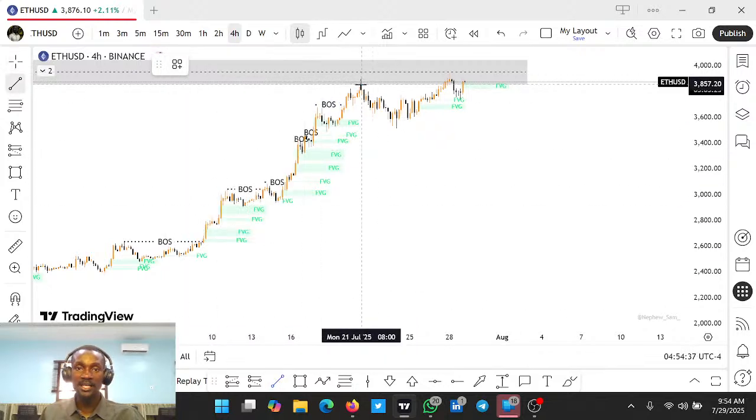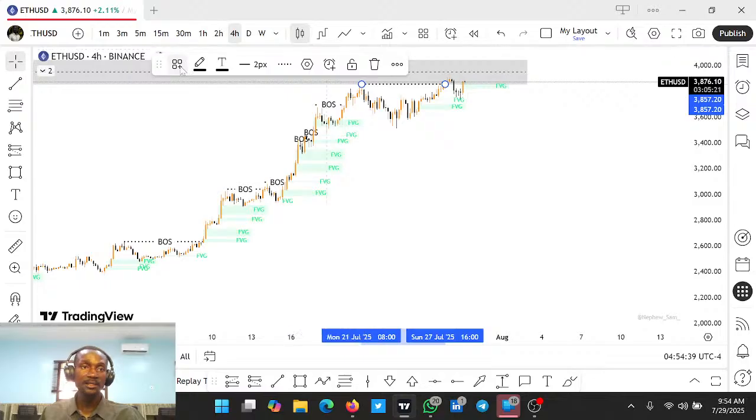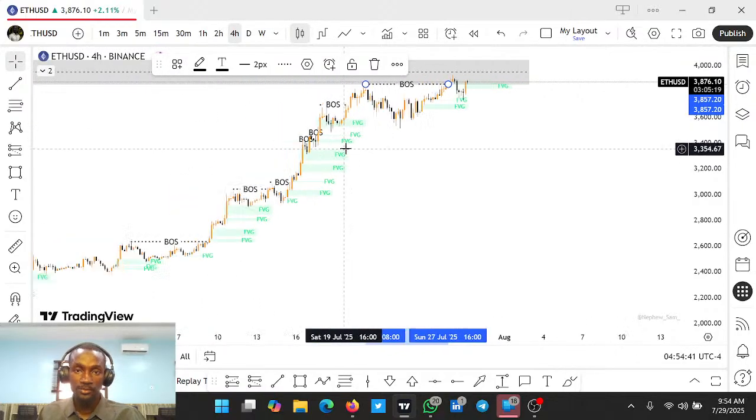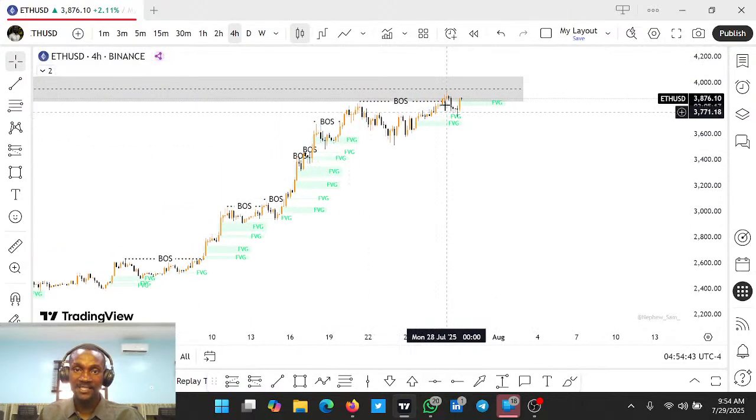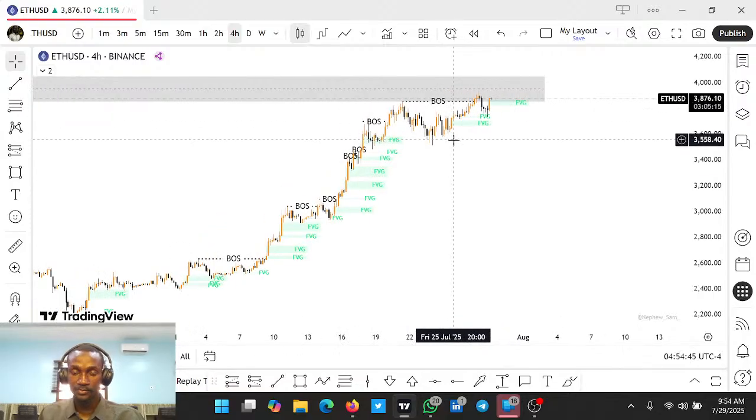And look at this, this is the last break of structure, right? So after this, there is no other break of structure.